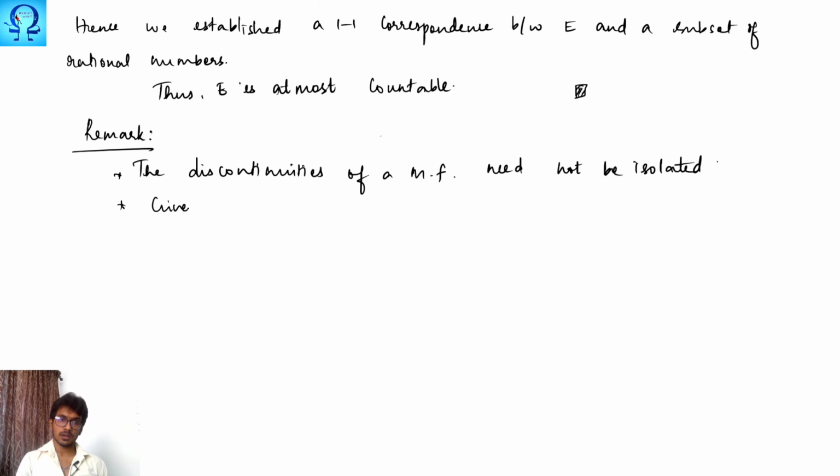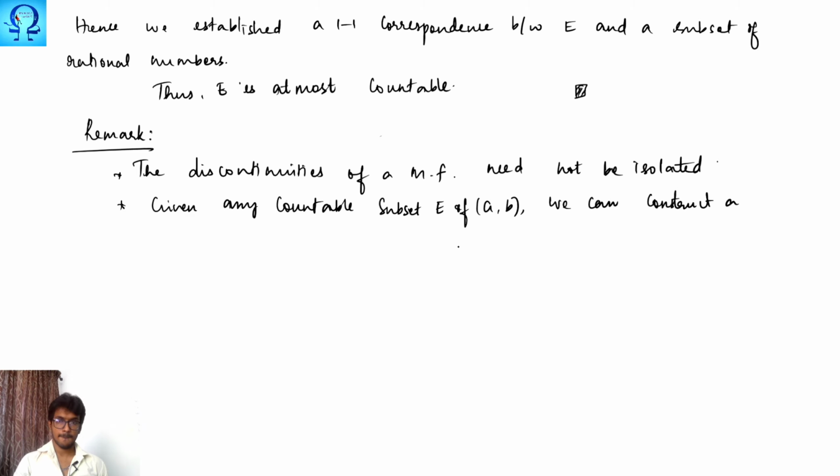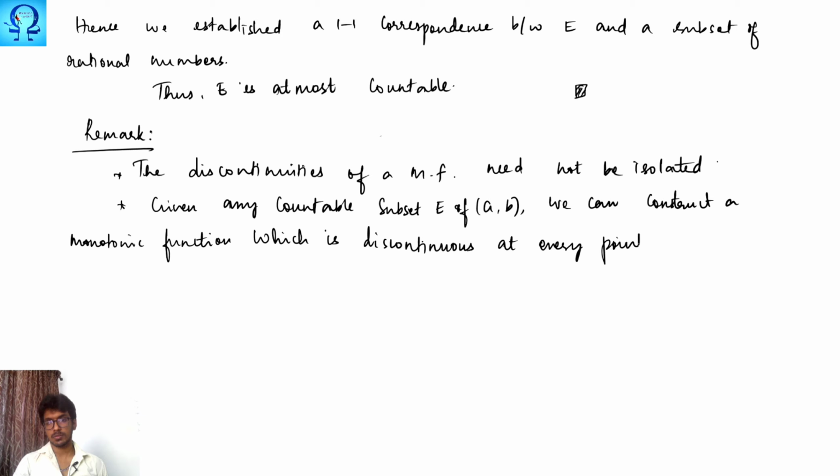The second one: given any countable subset E of (a, b), we can construct a monotonic function which is discontinuous at every point of E and at no other points of (a, b).